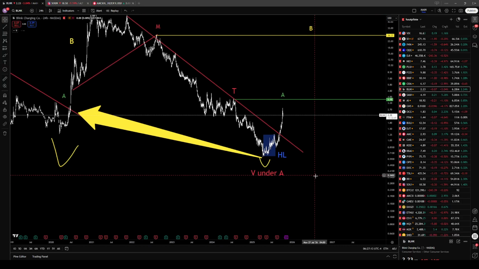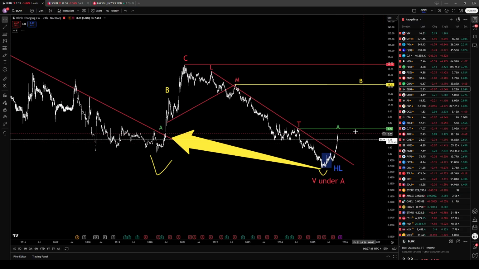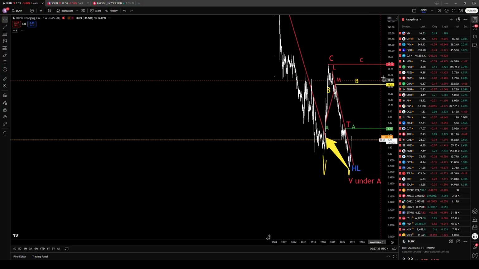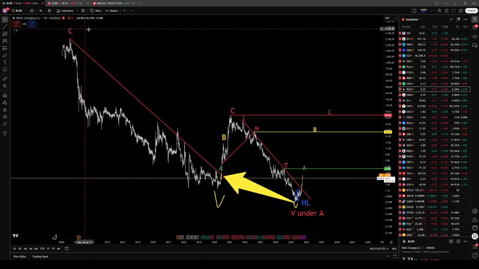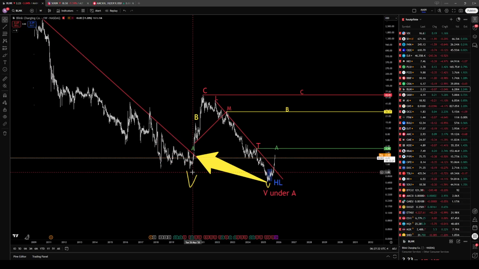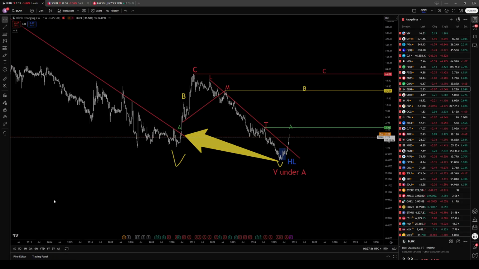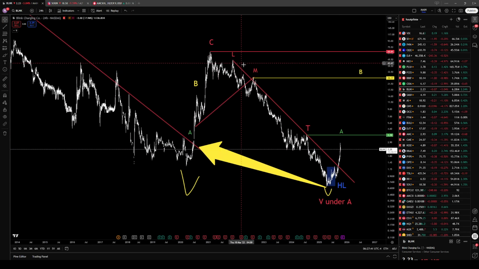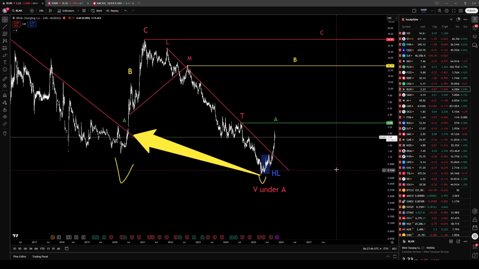Blink, same thing like the bullish part of plug. Just for repetition again. You're coming from a peak, you make your first V, ABC, lower peak, and then lower high, M, last time to sell, V under A perfect, higher low finished.